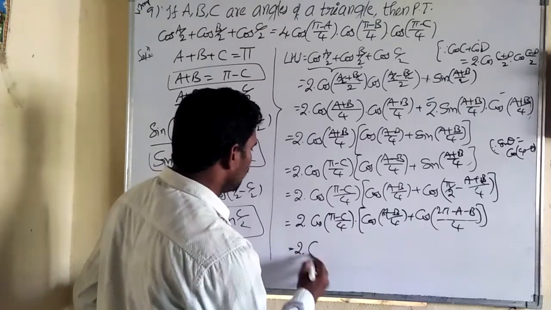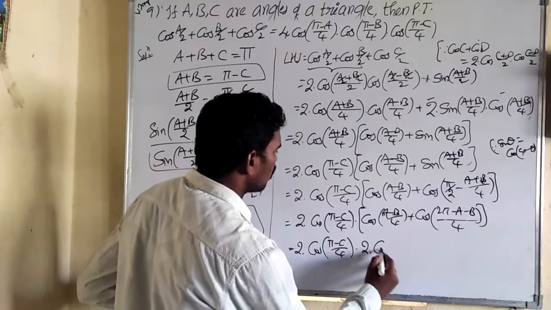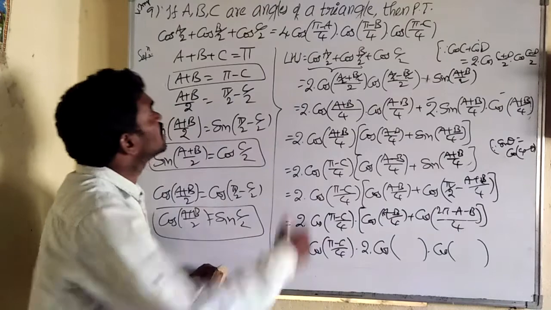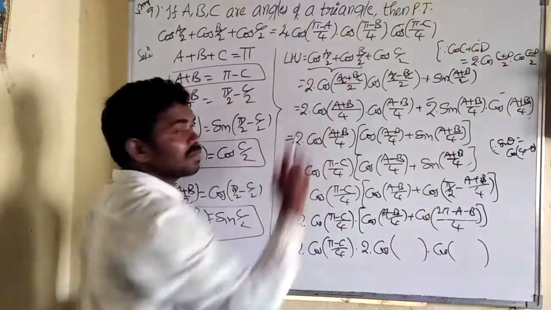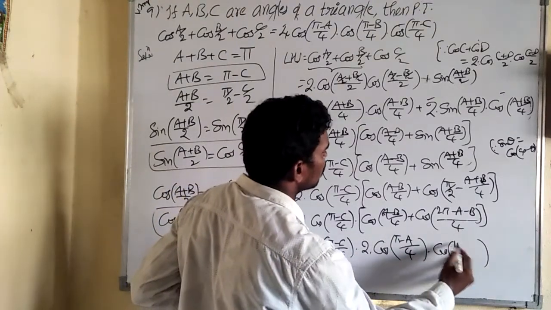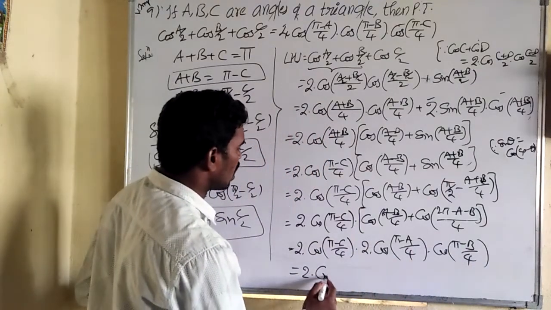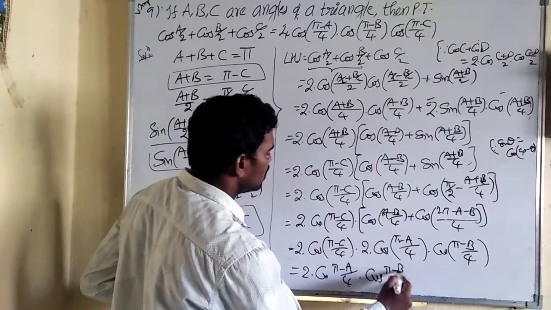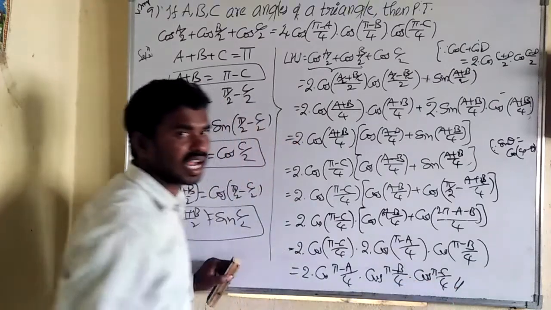So 2 into cos of (pi minus c)/4 into 2 into cos. Very simple. Already we got this term and 4 term, so remaining will be (pi minus a)/4, (pi minus b)/4. If you simplify, we get those only. So write in order in the last step: 2 cos (pi minus a)/4 into cos (pi minus b)/4 into cos (pi minus c)/4 is the RHS, hence proved.